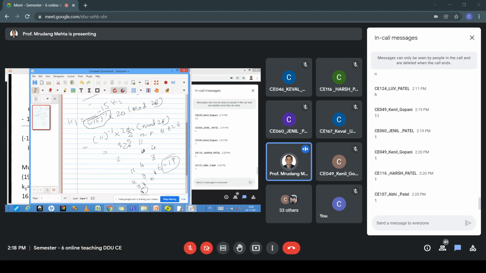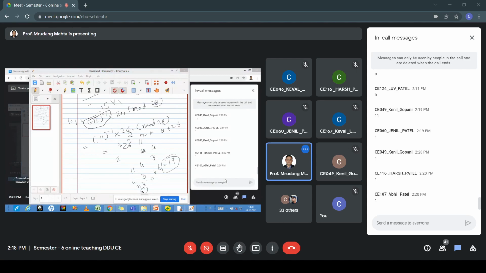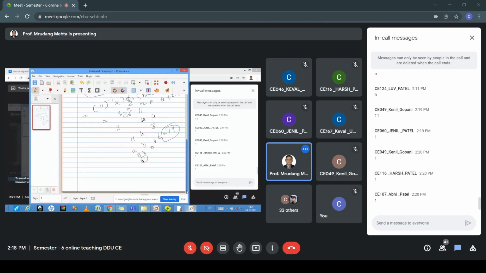So are you getting T value 19? Have you done it in your book? So we apply extended Euclidean algorithm.